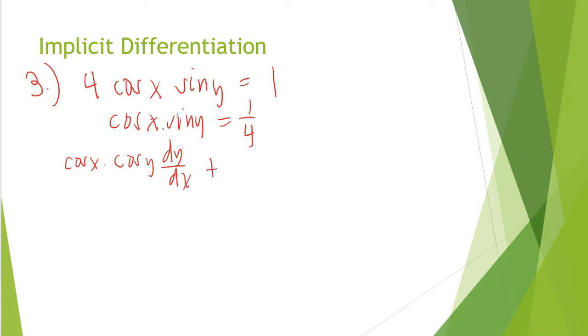And then plus sine y, the second one, times the derivative of cosine x. The derivative of cosine x is negative sine x. And then the derivative of 1/4 is 0. Okay, we isolate the dy over dx, and then the terms without dy over dx go to the other side.